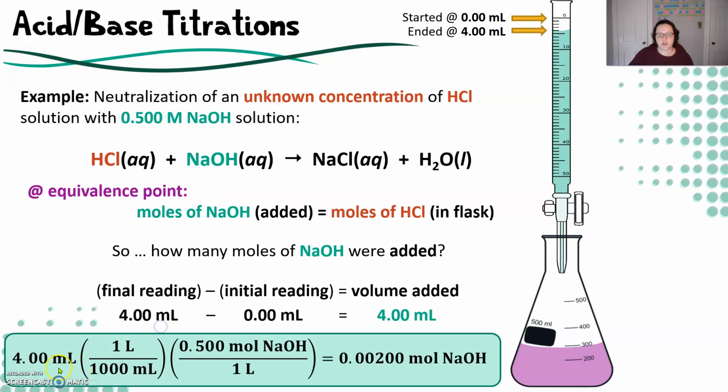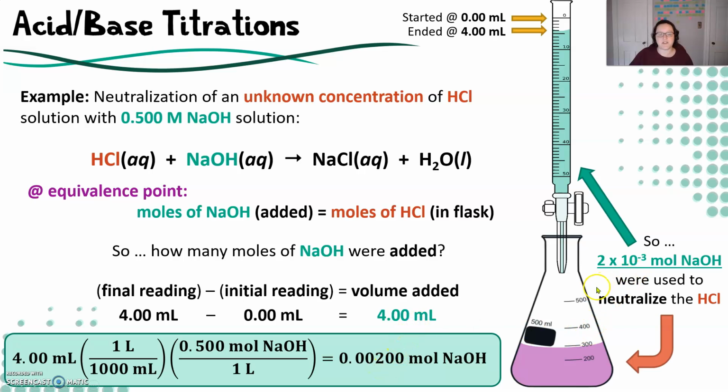Starting with the 4 milliliter volume, converting it into liters, and then using the molarity as a conversion factor of 0.5 moles of sodium hydroxide per 1 liter of solution gives 0.002 moles, or 2 times 10 to the negative third moles of sodium hydroxide that were used to reach the equivalence point. So that means that 2 times 10 to the negative third moles of sodium hydroxide were needed to perfectly neutralize the amount of hydrochloric acid we had in the flask to begin with.